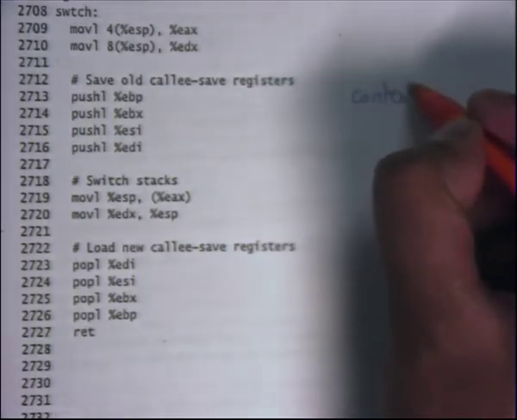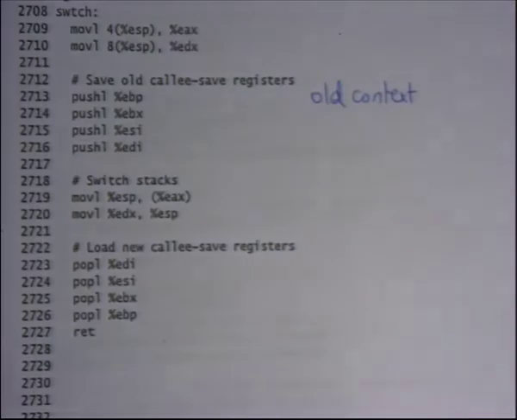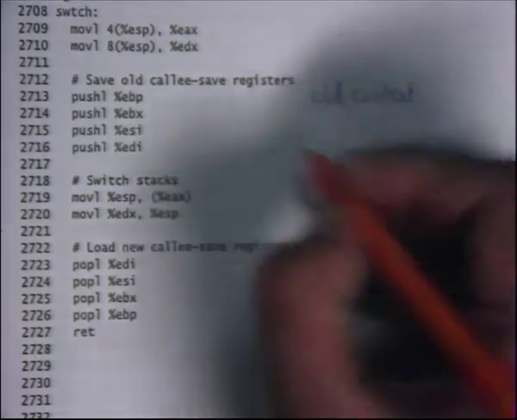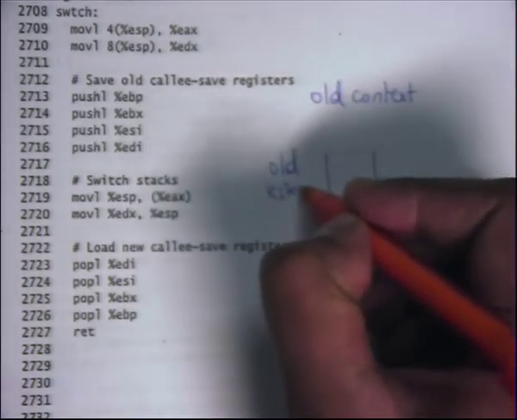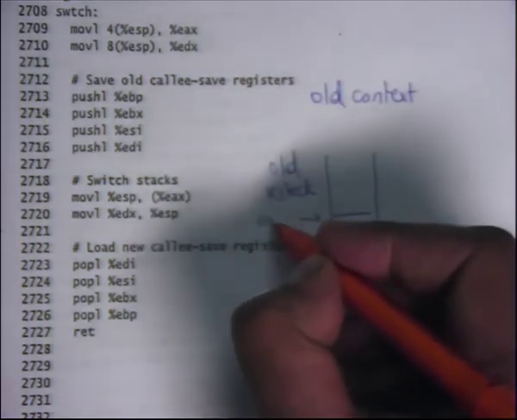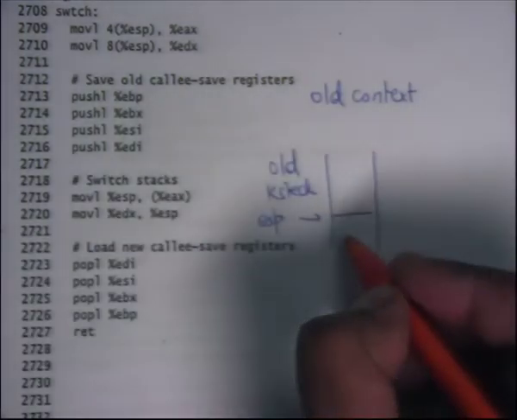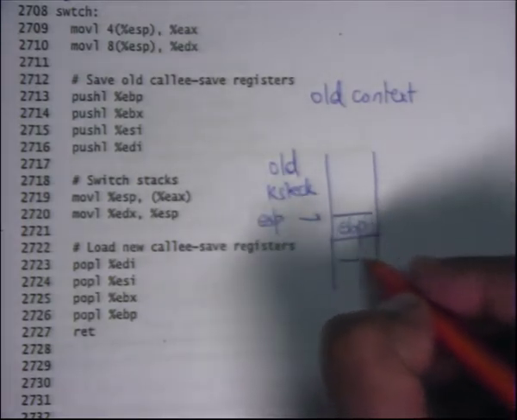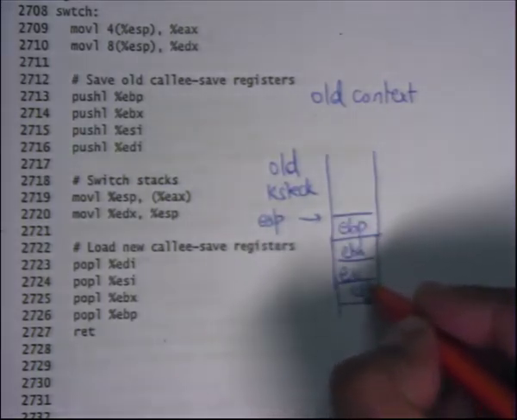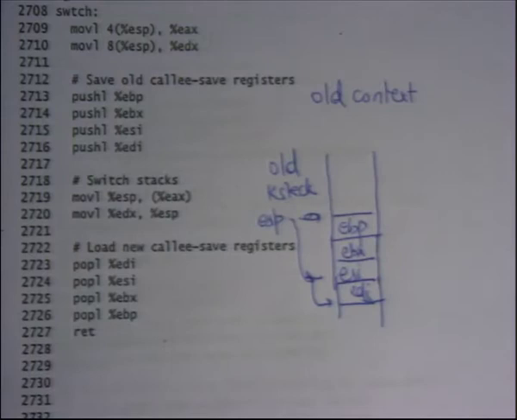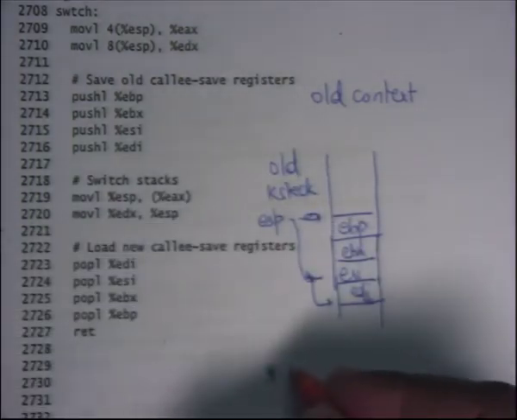So basically what's happening is there is a pointer called old context, and there is, let's say, old K stack. Currently ESP will be pointing somewhere in the old K stack. You push some values, you push the values of the current registers, let's say EBP, EBX, ESI, EDI. ESP now starts pointing here, right, and you basically save the value of the ESP in old context.